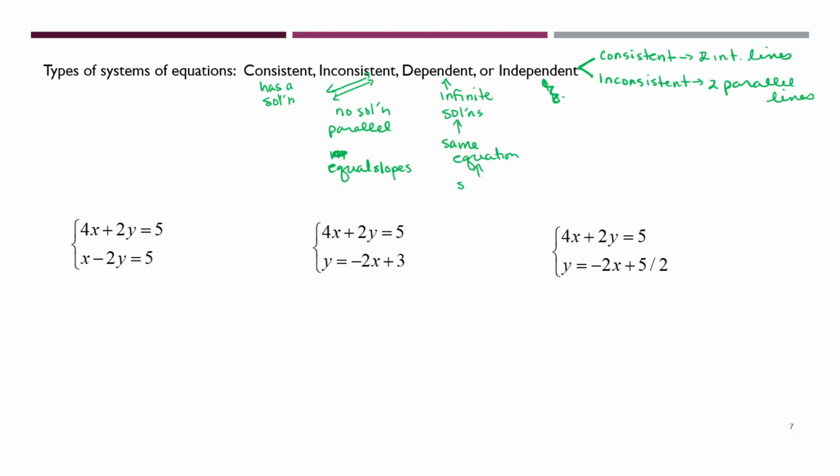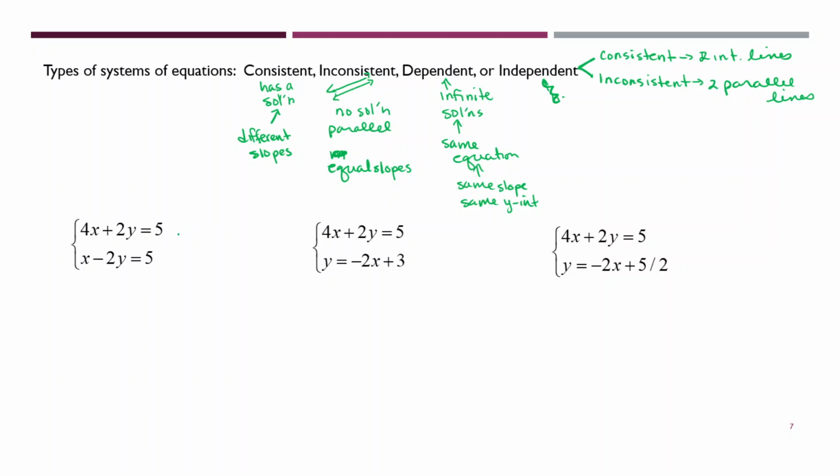So that means they're going to have the same slope and the same y-intercept. Okay? And in order to be independent, consistent over here, they're going to have different slopes. Okay?